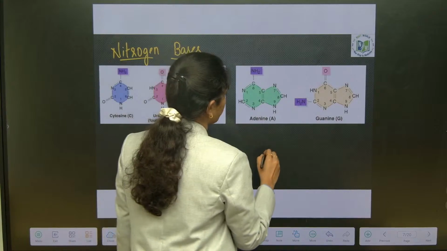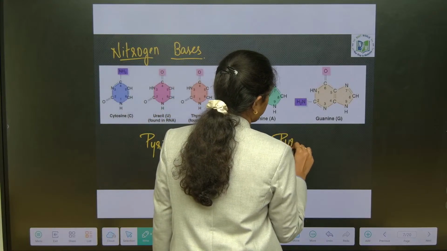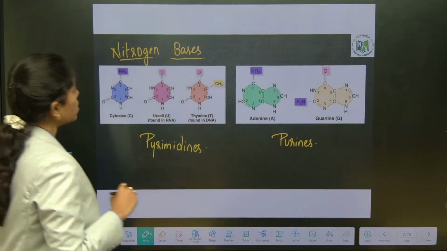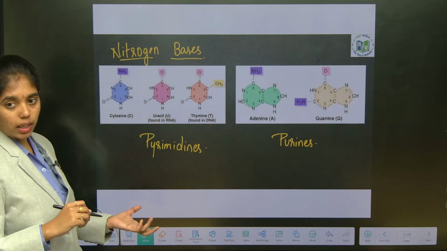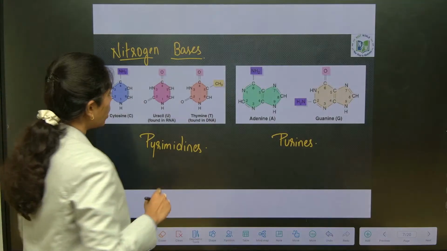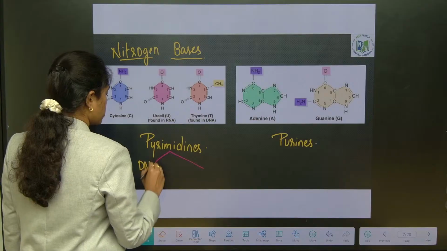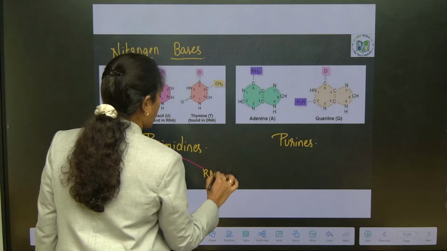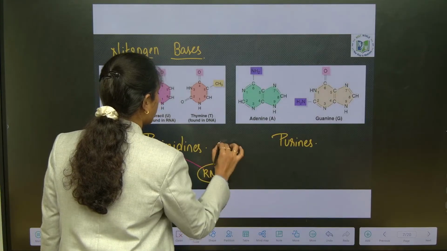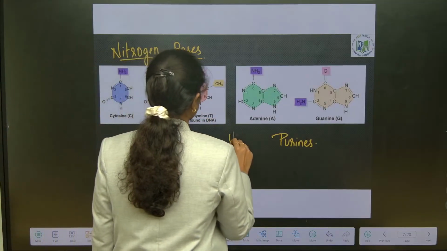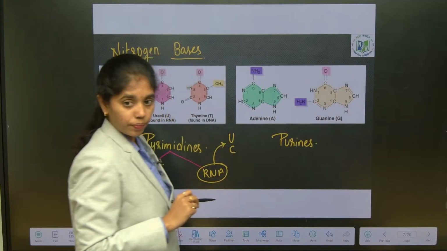Here these are purines. Pyrimidines are homocyclic, they are single ringed structures. Here you have for DNA and RNA different types of pyrimidines. RNA consists of uracil and cytosine.